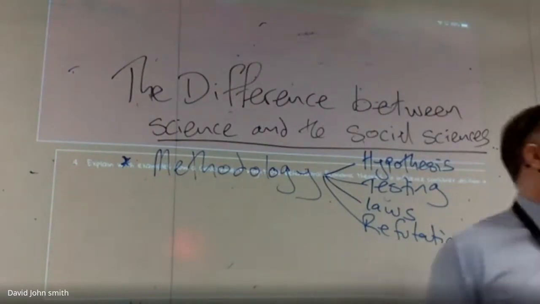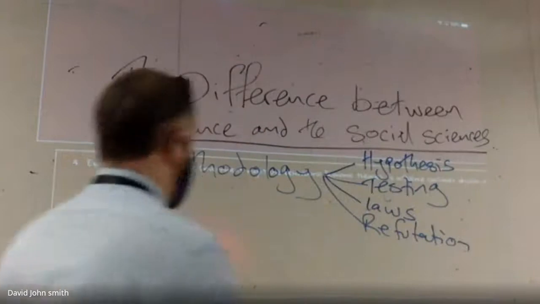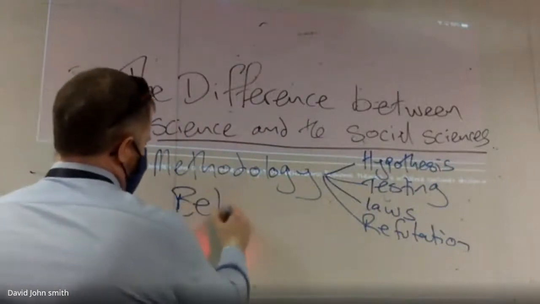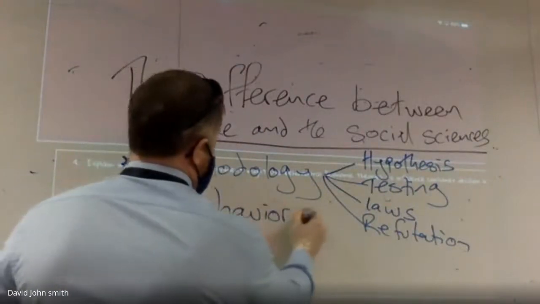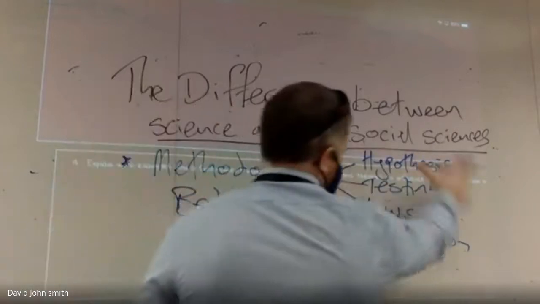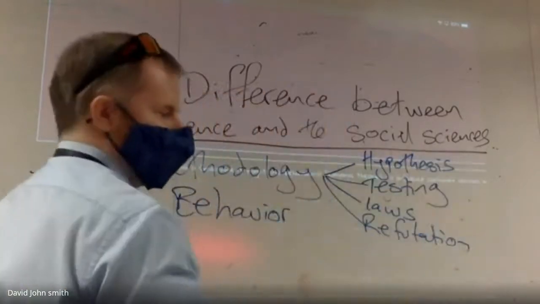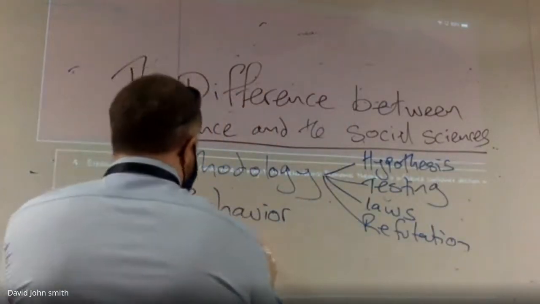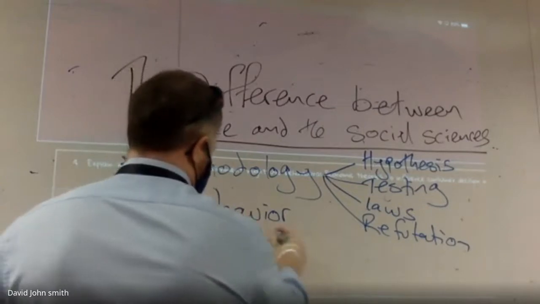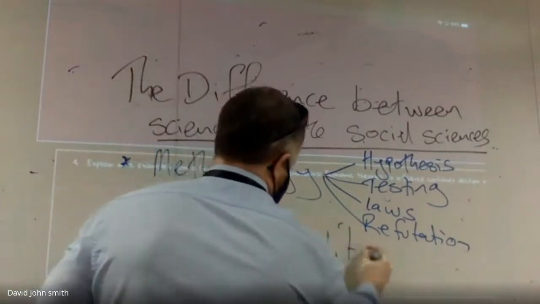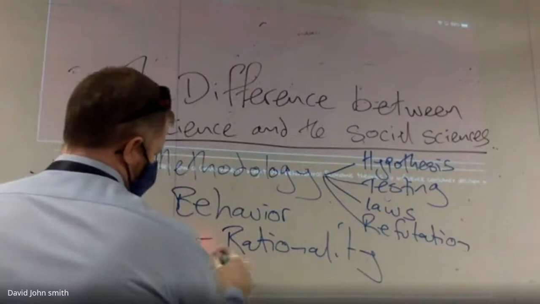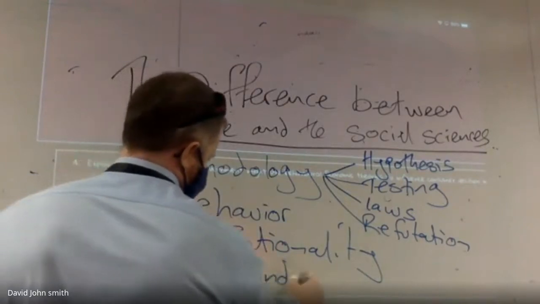In economics, because we're dealing with behavior, we are still thinking all of that, but we have to take into account the idea of rationality, or if you like, bounded rationality, which we now talk about.